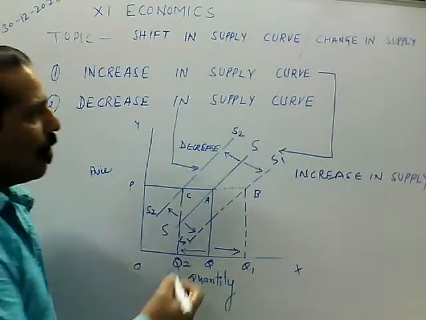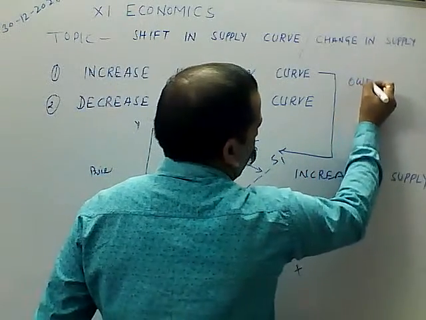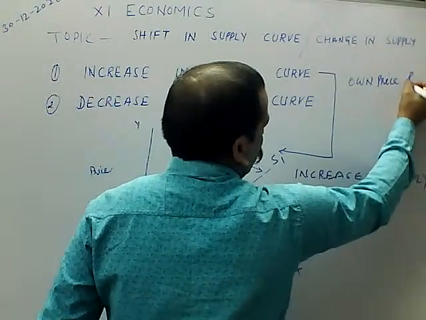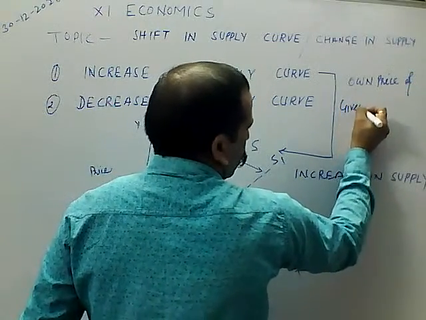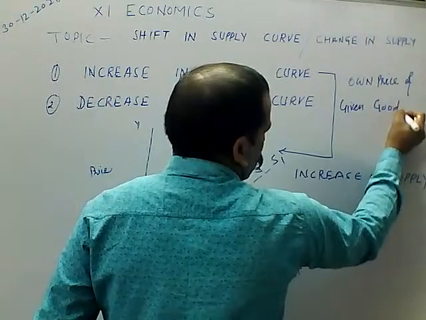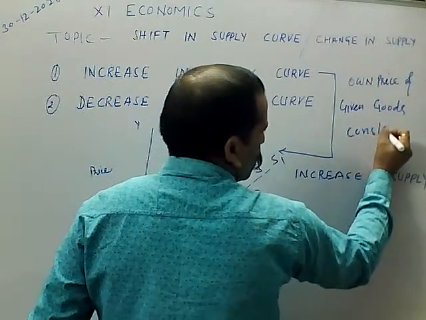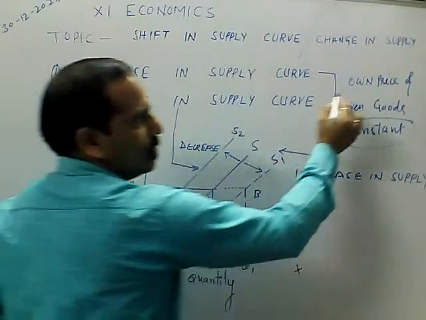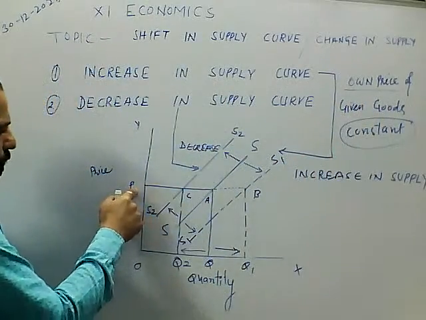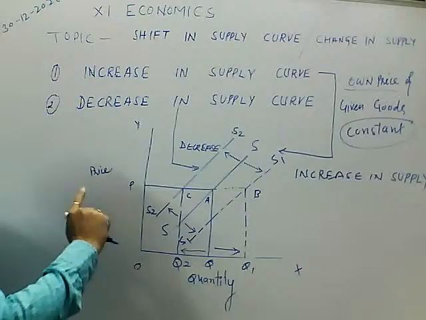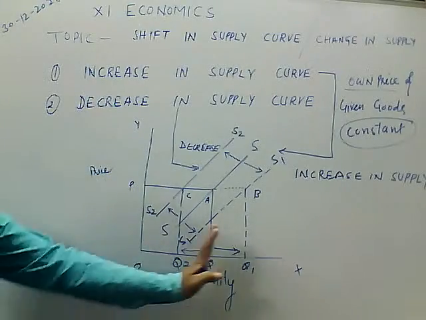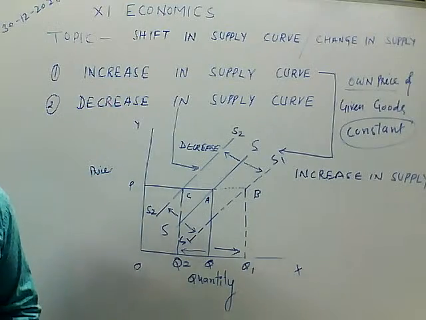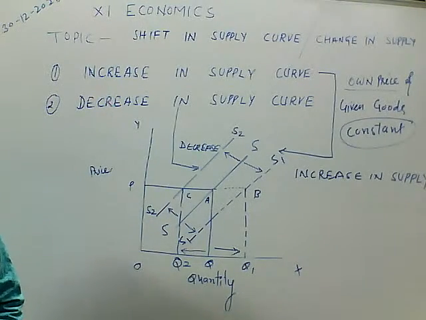Keep in mind that the price of the given commodity remains constant. The price OP remains constant, no change, whereas there is a change in the quantity supplied. Are you clear?